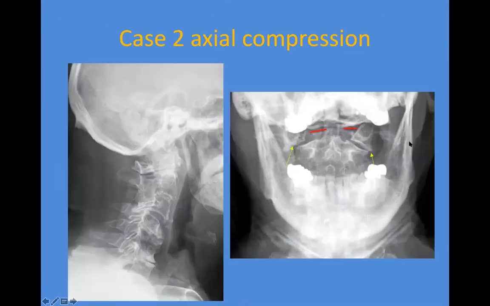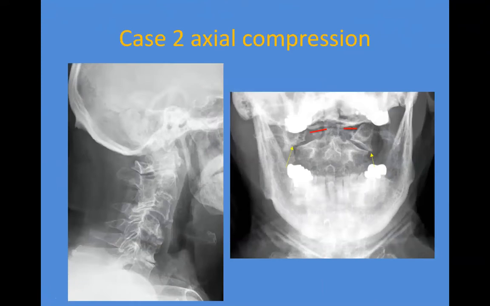Here's an example where, my lines moved a little bit, but I'm trying to show that on the lateral view, it can be very difficult sometimes to see these C1 fractures because you have superimposition of the base of the skull, you have superimposition of the C2 process overlying the ring of C1. And that's why these odontoid films are very helpful.